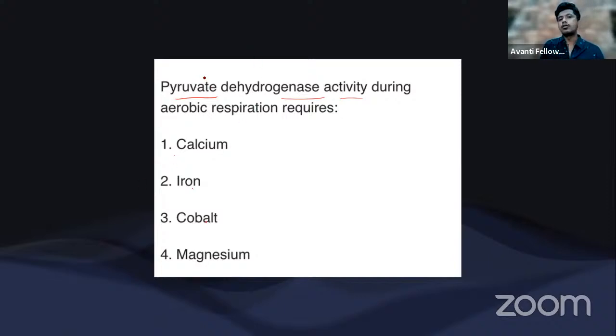When we talk about the activity of pyruvate dehydrogenase, where does it come into the picture? We have pyruvic acid or pyruvate. Pyruvic acid plus one CoA enzyme plus NAD plus, in the presence of magnesium 2 plus and pyruvate dehydrogenase.